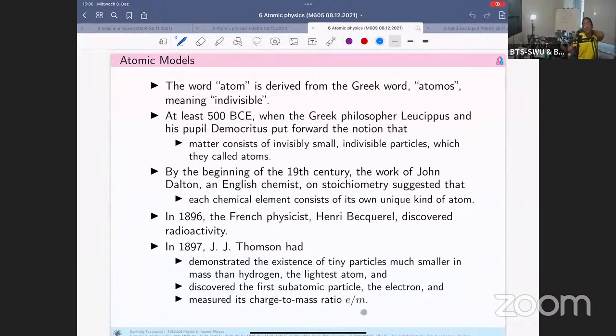Or maybe this year you could discover something, because this is the history about the discovery of the atom.